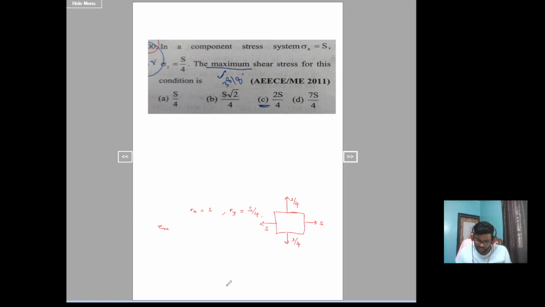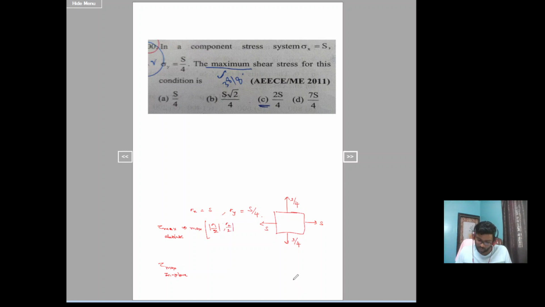So you know, if you take tau max, you have two types of things: the absolute maximum and the in-plane maximum shear stress. If you take the absolute, it is the maximum of sigma 1 by 2, sigma 2 by 2 and sigma 1 minus sigma 2 by 2, as sigma 3 is 0 in this case. I am taking sigma 3 as 0 directly.